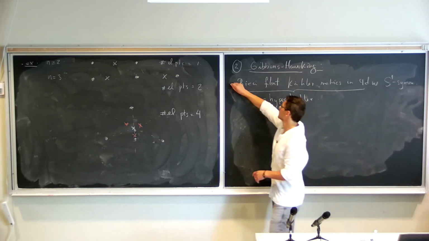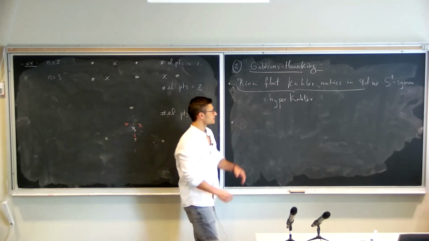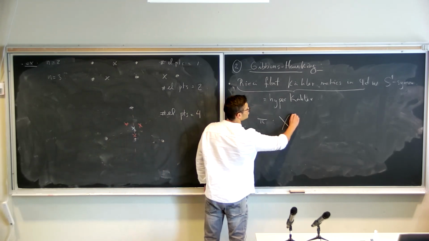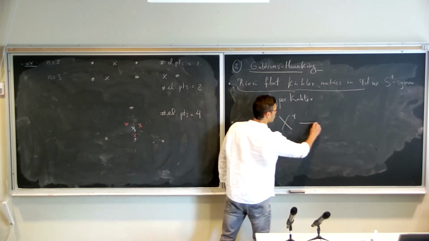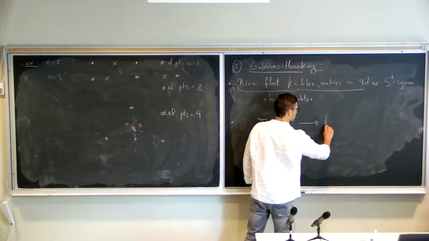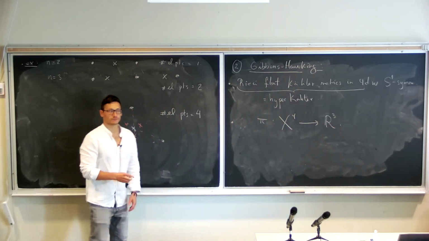Okay, so if you have circle symmetry, then that means that there is a projection from your four-dimensional manifold admitting such a hyperkähler metric or a Ricci flat Kähler metric to the space of orbits. And the space of orbits is R3, or a subset of R3, okay?